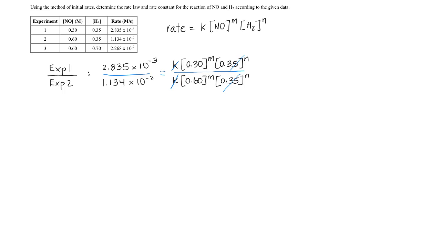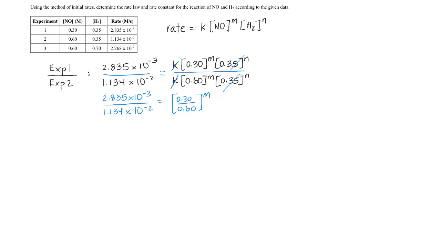And that leaves us with 2.835 times 10 to the minus 3 divided by 1.134 times 10 to the minus 2 equals 0.30 divided by 0.60, all raised to the m power.